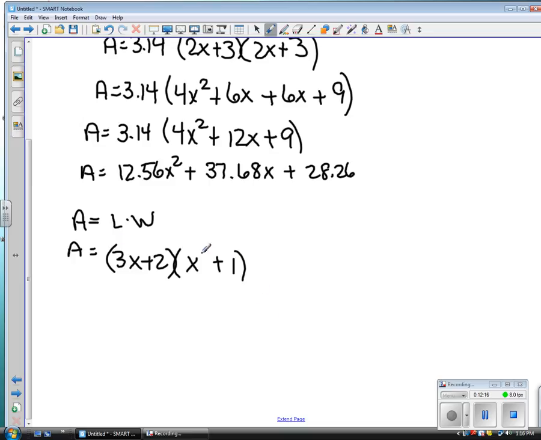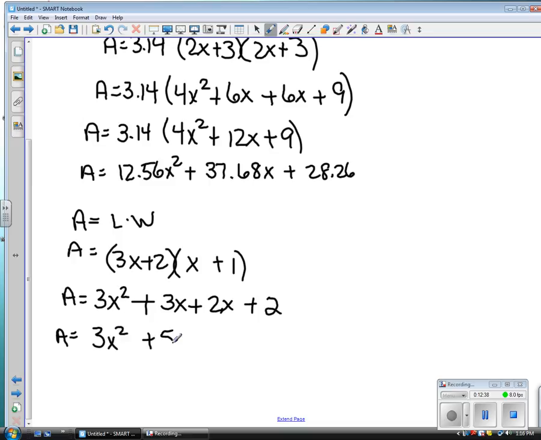Again, I'm going to use FOIL. First, 3x times x is 3x squared. Outside, 3x times 1 is 3x. Inside terms, 2 times x. And last terms, 2 times 1. I'm going to add what I can, which is those two middle terms.